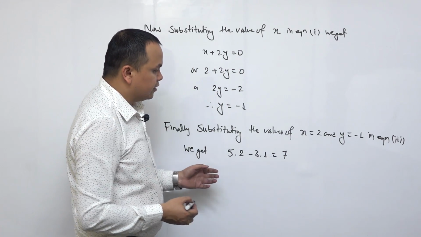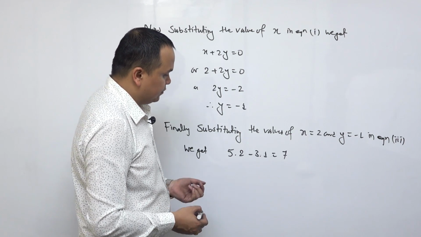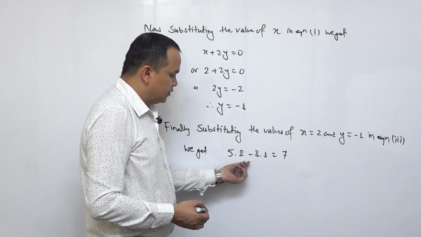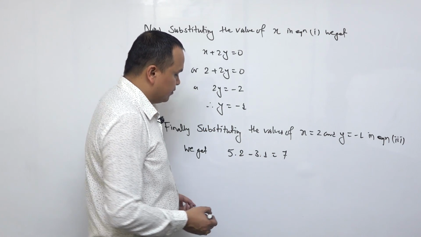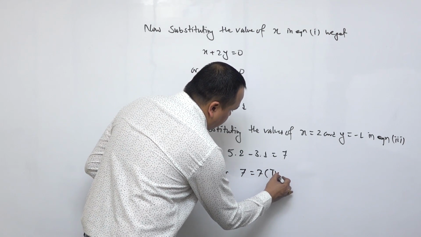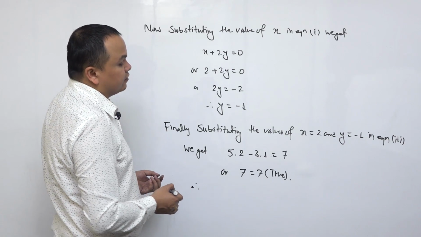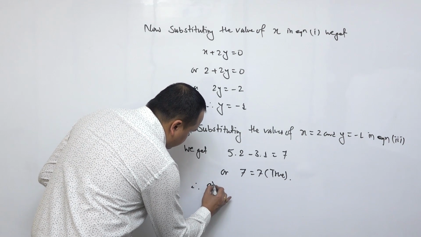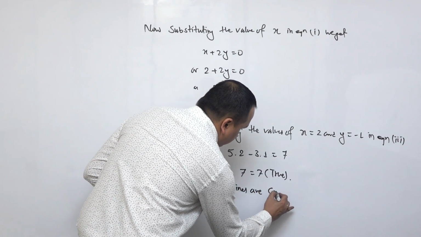We have the third equation is 5x plus 3y is equal to 7. So 5 into 2, our y is minus 1, so minus 3 into 1 is equal to 7, or this is 7 is equal to 7. True. Therefore, their point of intersection is the same. Therefore, the given lines are concurrent.